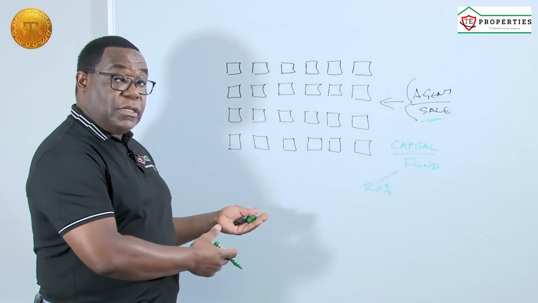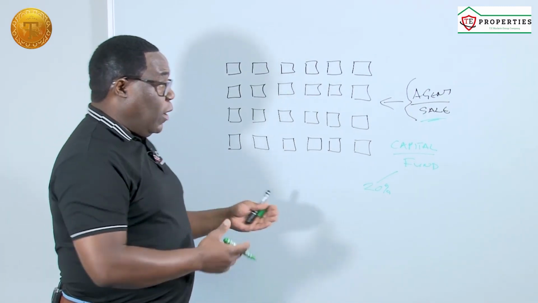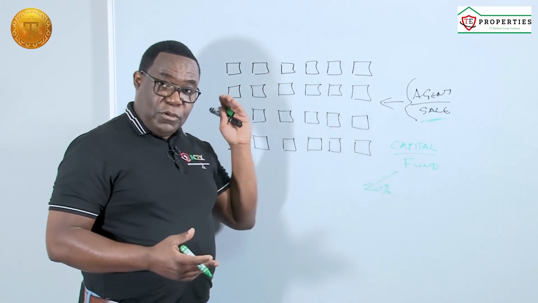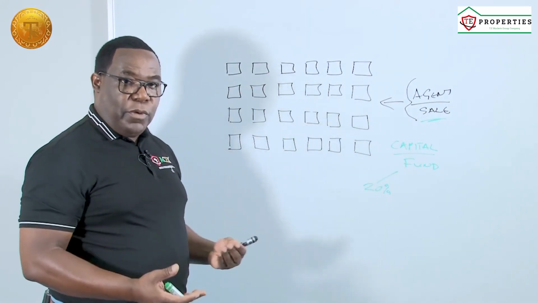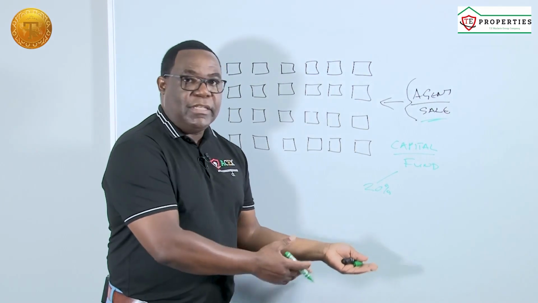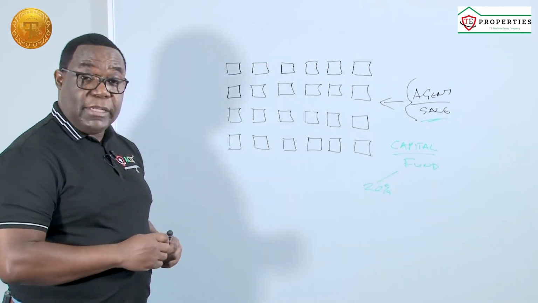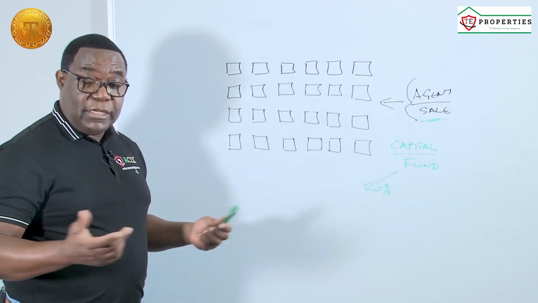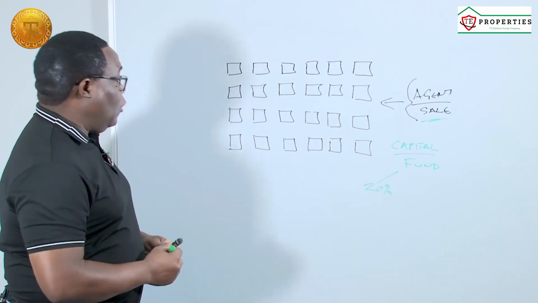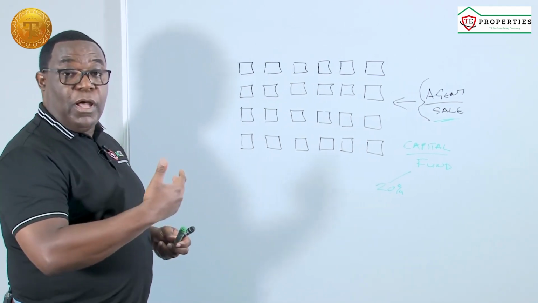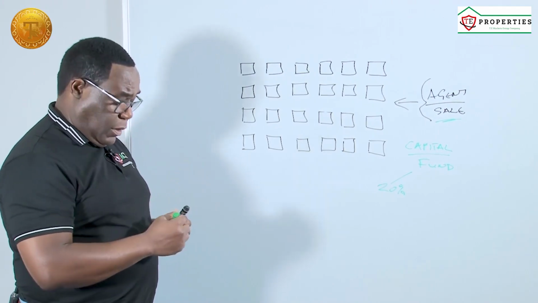And so that is the reason why developers will go out and do most of the sales off plan. It's a no-brainer. Needless to say, some of those funds are then used to kickstart the project in terms of mobilization and groundbreaking. So in this case, I'll show you how we'll typically do a project like this.